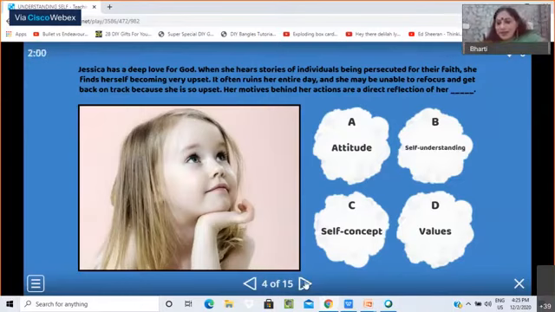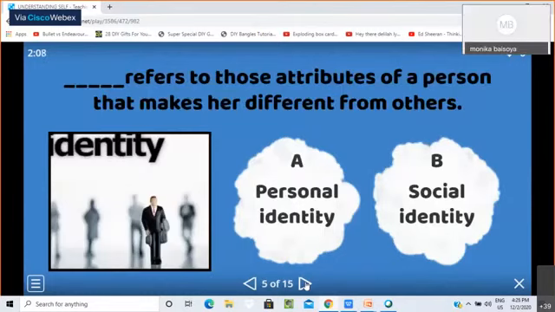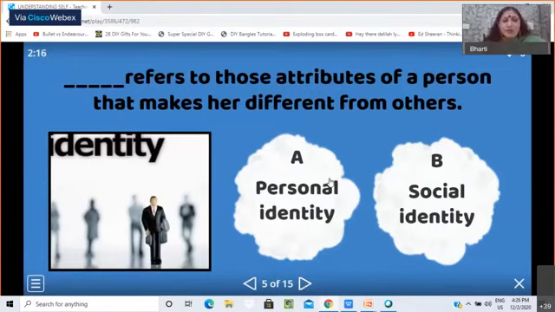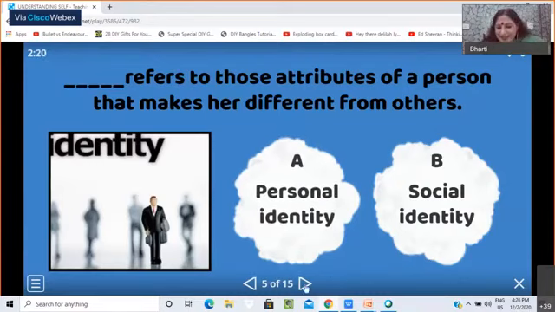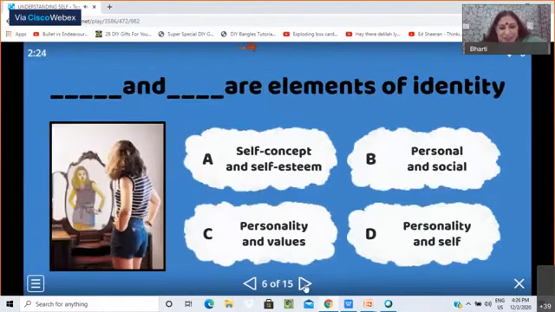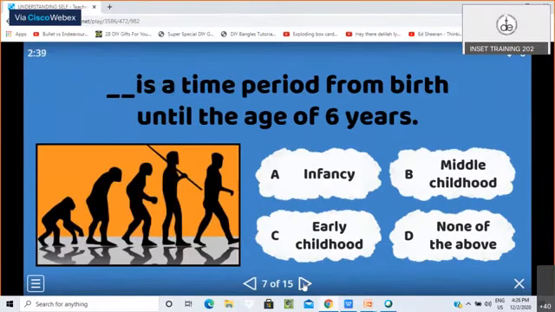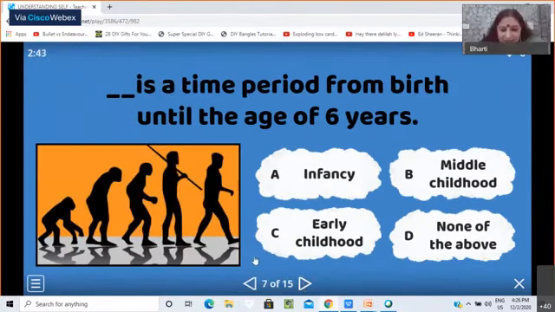Ma'am, let us do one thing. We'll read ourselves because your voice is going too fast. We'll read ourselves, ma'am. Bharti ma'am, your voice is not clear, ma'am.